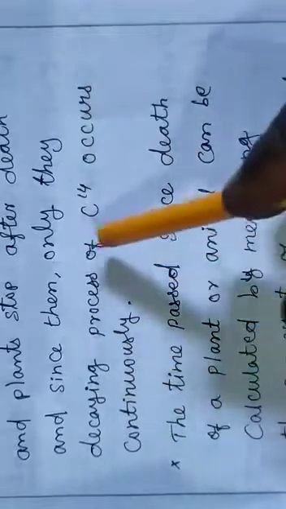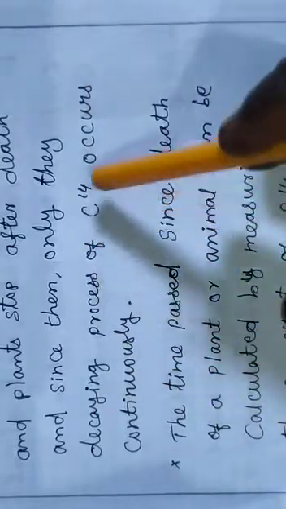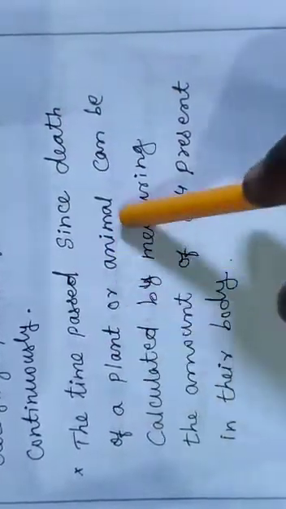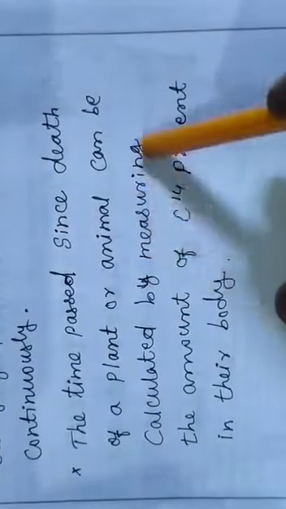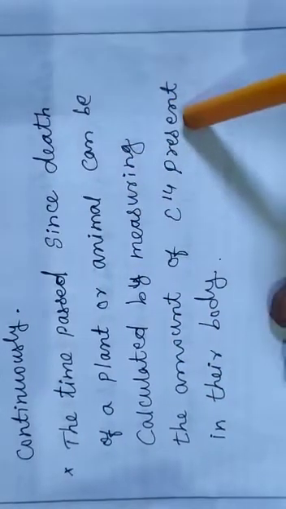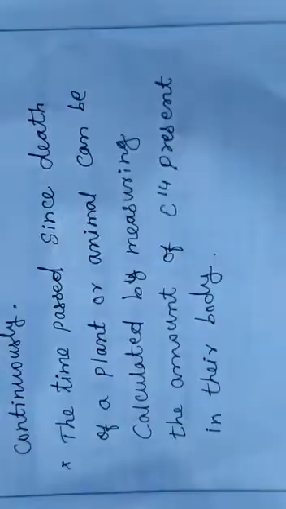After death, C14 is continuously decaying. The time passed since death of the plant or animal can be calculated by measuring the amount of C14 present in their body. From how much C14 is present in the body, we can calculate the age of death.